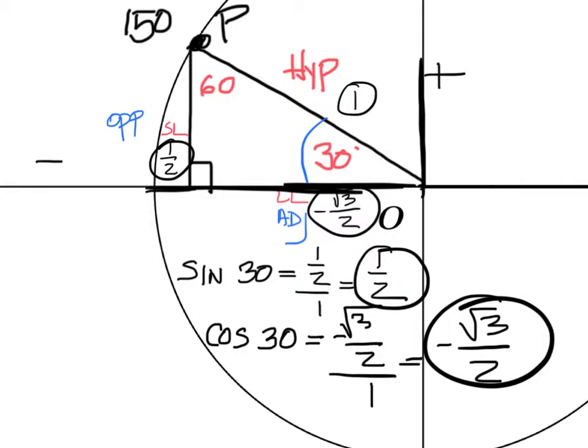And if you want to, as a test, how about typing negative square root of 3, hitting enter, and then dividing by 2? Look what you come out with, negative 0.866. It's exactly what we just solved for. Don't forget that point P has a coordinate. You are going from 0 to the left, negative square root of 3 over 2, and then up 1/2.